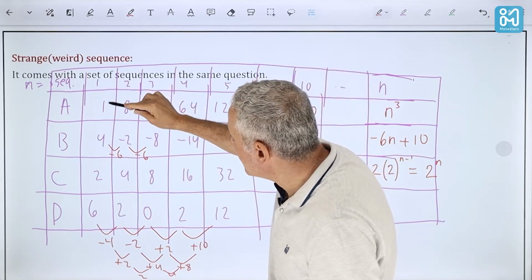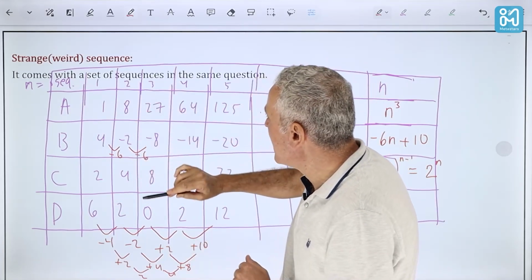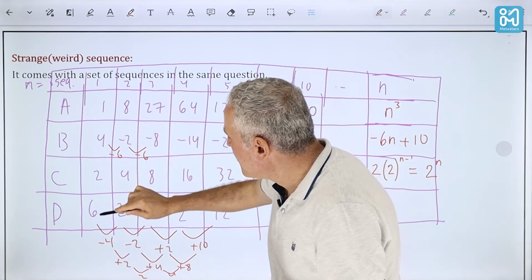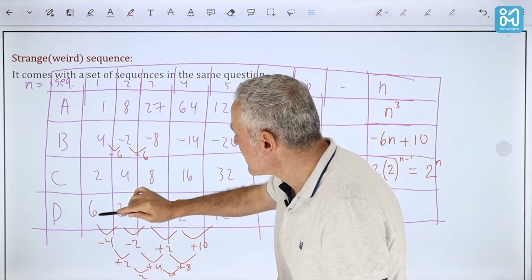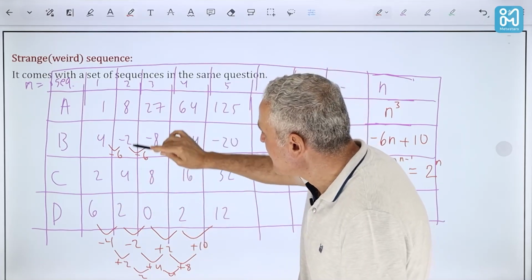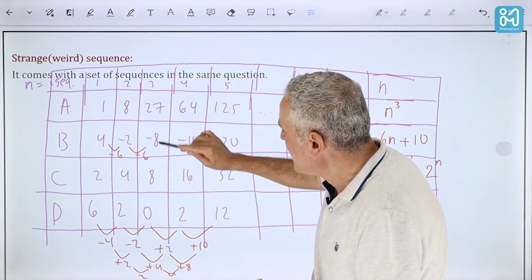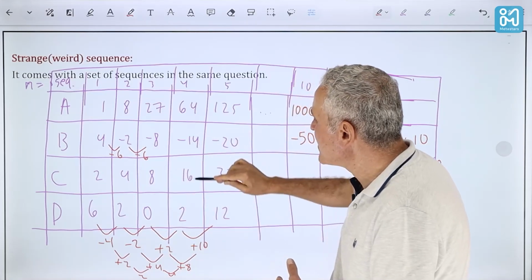For example, I might check 1 plus 4, 5. This is not it. 1 times 4, 4. That's not it. 4 times 2 is 8. It's not it. 4 plus 2, 6. Which see the others. Negative 2 plus 4, 2. Negative 8 plus 8, 0. Negative 14 plus 16 is 2.